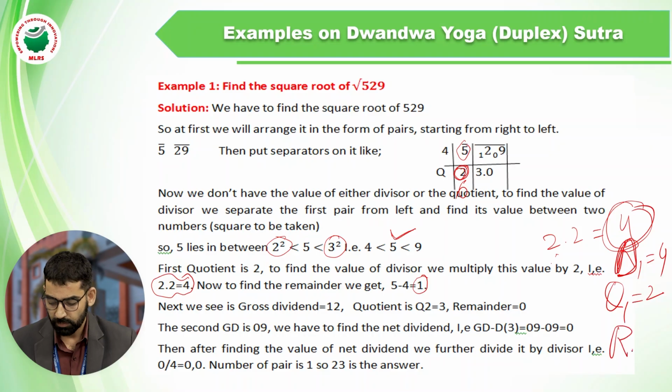Now we are left with R1. We have to find the value of R1. How can we find the value of R1? Simply by taking the difference of 5 and the divisor, that is 5 minus 4, which in this case is 1. So remainder 1 is there, quotient 1 is there, and we have divisor 1.